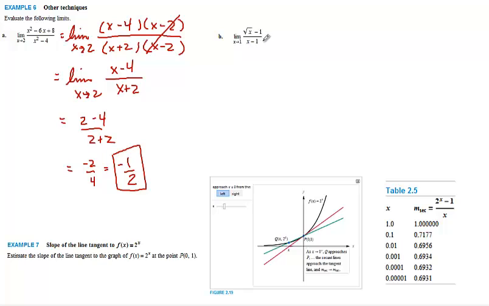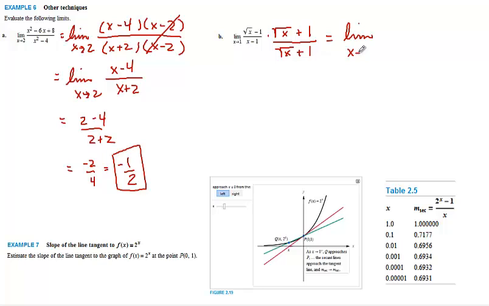Next, if I try to plug in a 1, once again I get this whole denominator issue. Something that works for me quite often is when I have a square root, try multiplying by the conjugate and see if it works. It might work, it might not. I don't really know. So I'm going to multiply top and bottom by the conjugate.